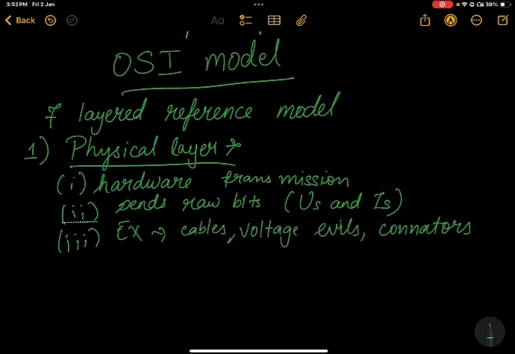This layer moves data, but it doesn't understand it. It is just basically sending what we want to communicate from one device to another. It is just transferring our messages.